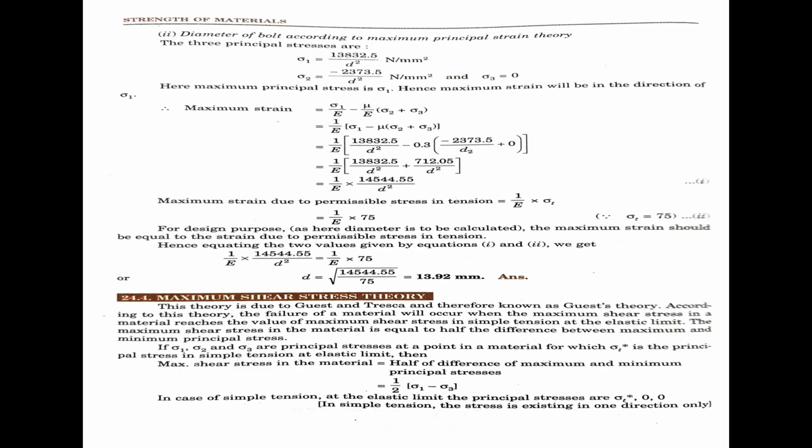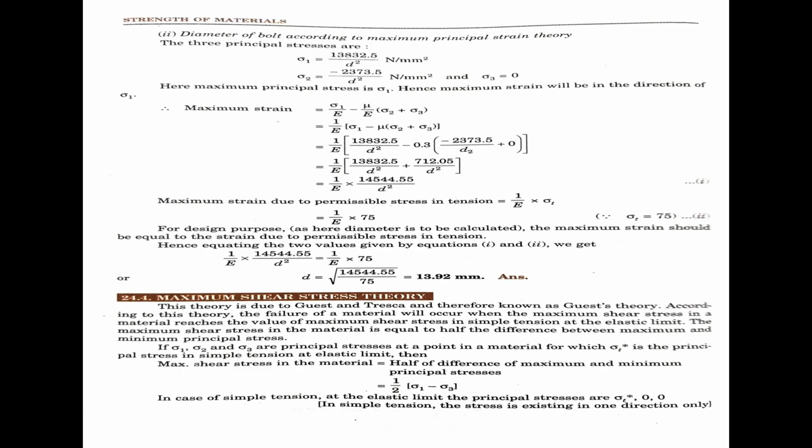The sigma t value is used for design purposes, as here the diameter is to be calculated. The maximum strain should be equal to the strain due to permissible stress in tension.